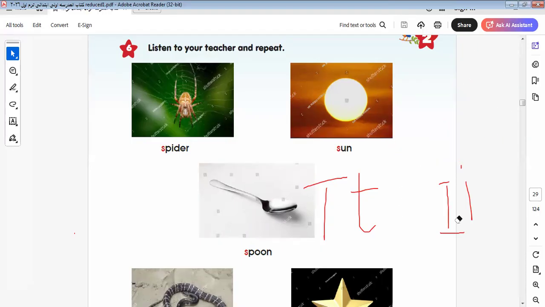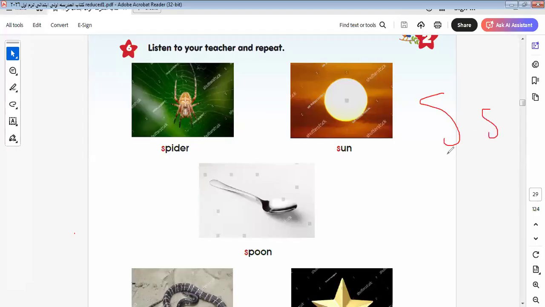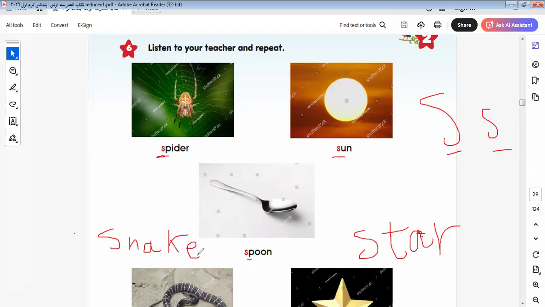Let's go to capital S and small s that will be learned in this video. Here we have spider, spoon, and sun. Here we have a star written like this. And here we have a snake. Here is sun, written like this.